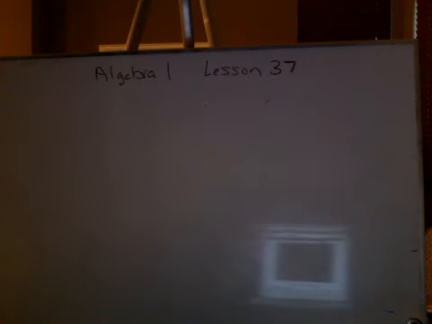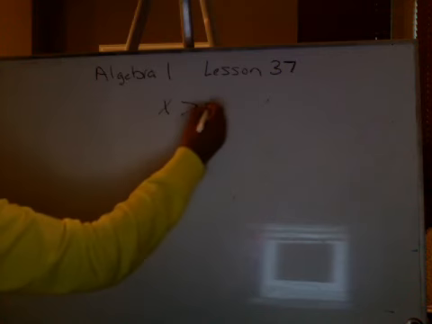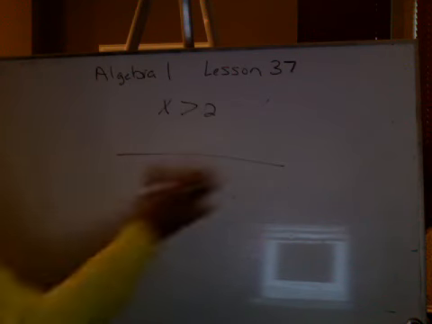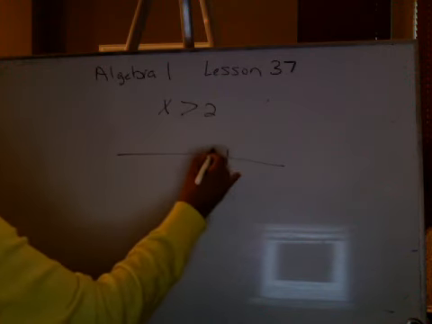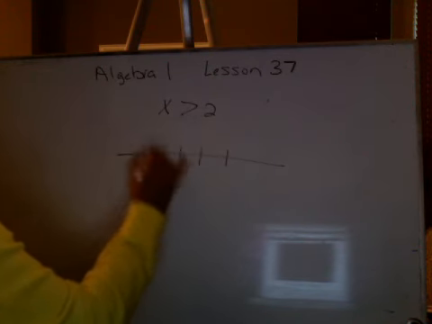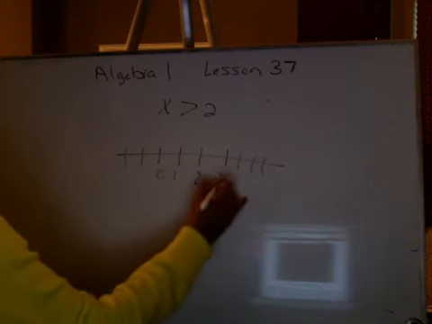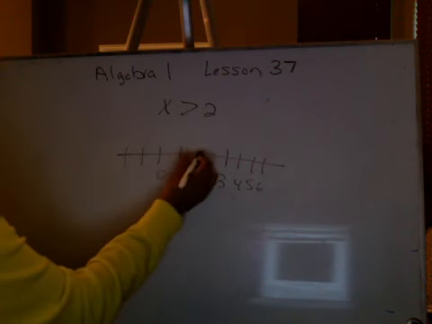Okay? So, saying that, let's look and see how we combine the number line with an inequality. Let's take this particular one, x is greater than 2. How would we graph this? We're no longer going to put arrows at the end of our number line. Okay, so x is greater than 2. We find 2, and we put a circle around it.